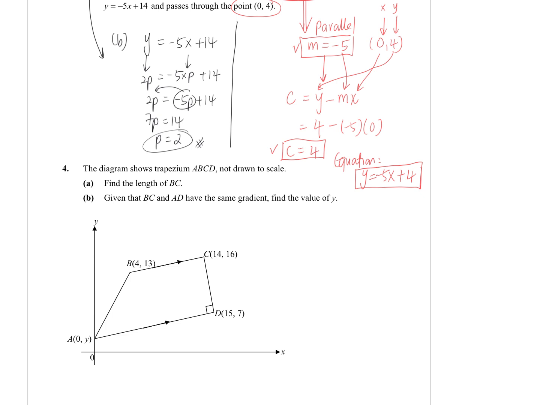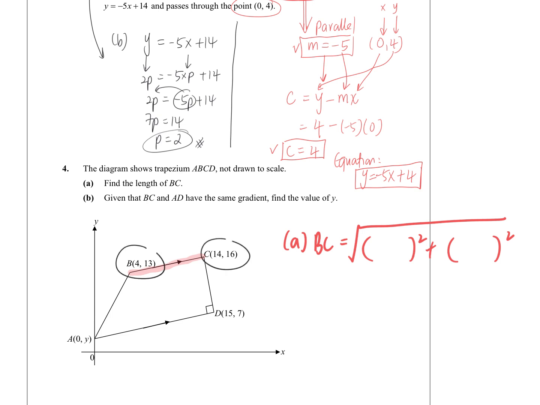Okay, I want to find the length of BC. Help me. How to find BC? What's the formula? Give me the numbers to put in. Between these two, 16 minus. Okay, so this matches with this. What about the other one?